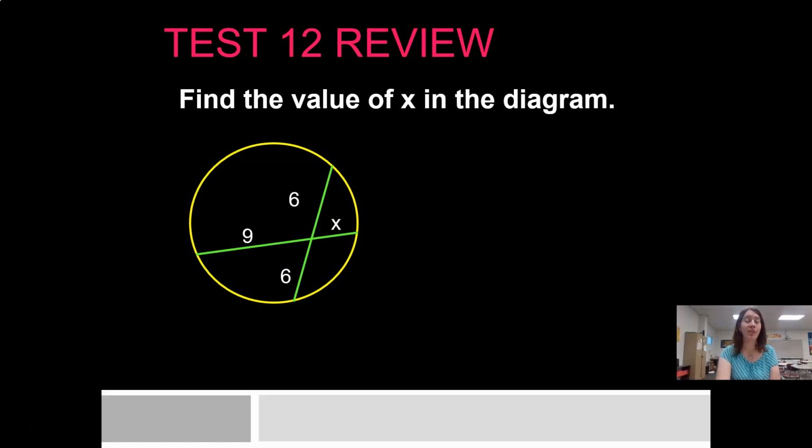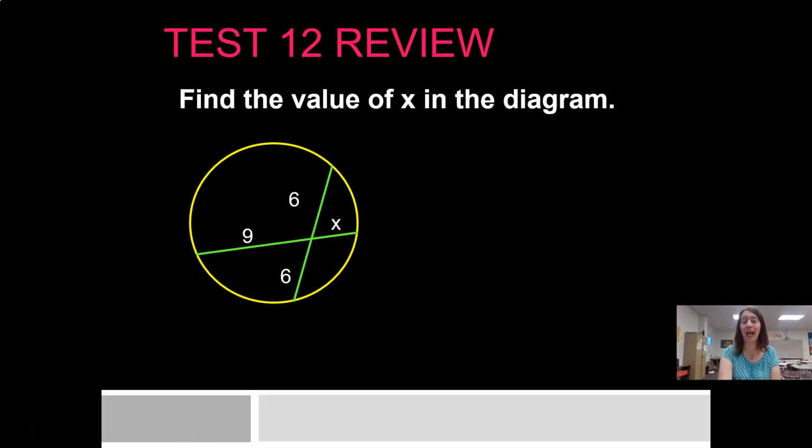Now remember, to solve these questions from lesson 86, the property that we had looked at was that the products of the chord pieces were congruent. Remember, we had to multiply the pieces from the same chords together. I always like to start with the part that has the X first. Well, what's the other section of the chord where the X was contained? Well, here's my letter X. If I continue along that chord, I run into the number 9.